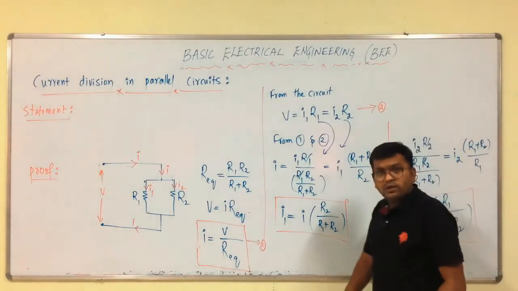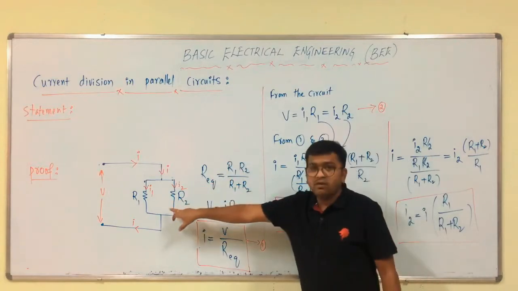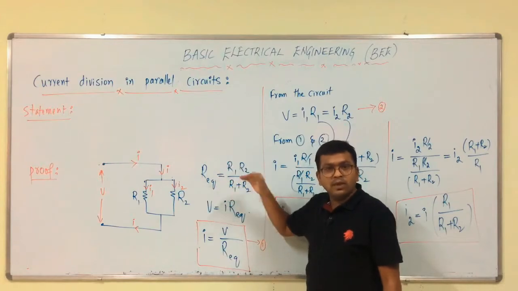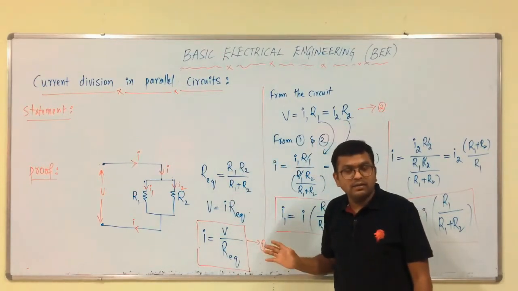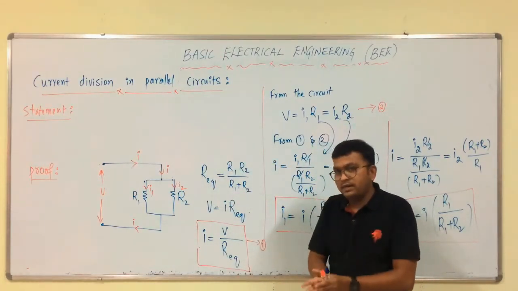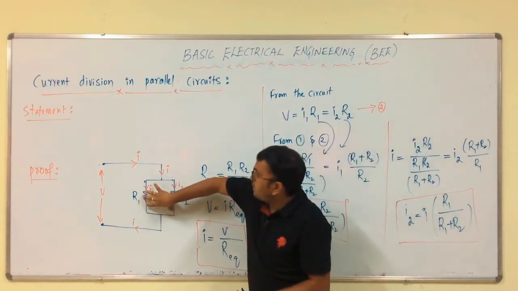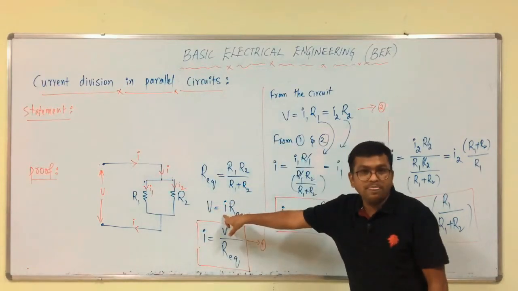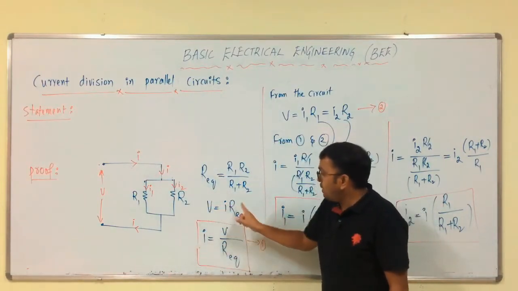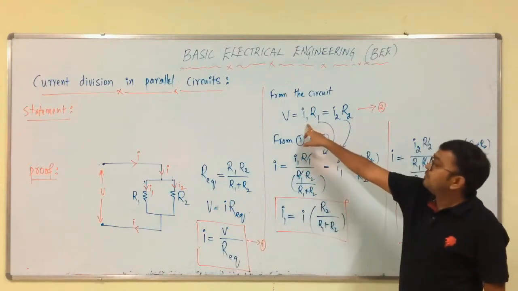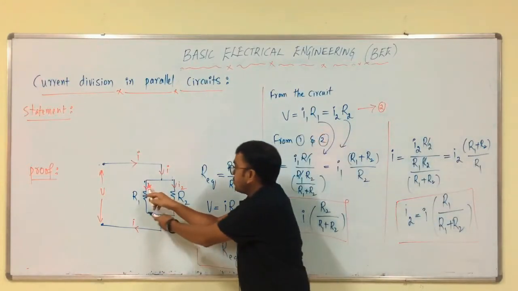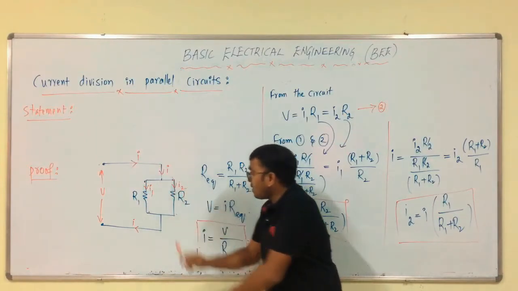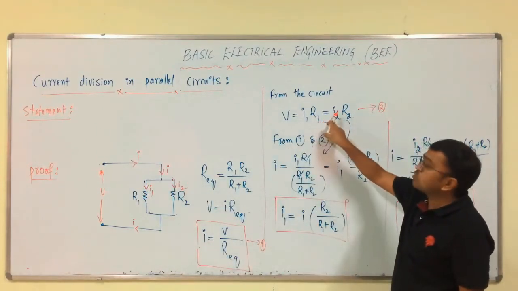Simple. First we have to get that R equivalent, because we have two parallel branches. If we have three parallel branches, 1 by R1 plus 1 by R2 plus 1 by R3 up to 1 by Rn; we just have to calculate that R equivalent. So, we have R equivalent here, a simple loop with V, I and R. V is equal to I R. So from this I is equal to V by R equivalent, and the voltage across these two terminals is V, between these two terminals is also V. So, V is equal to I1 R1, which is equal to I2 R2.